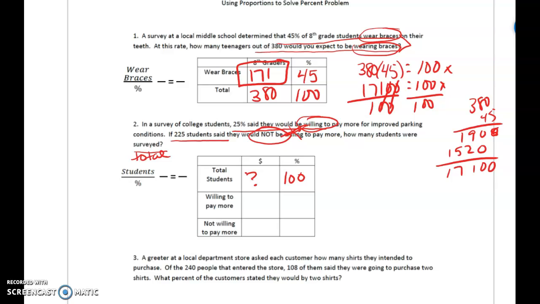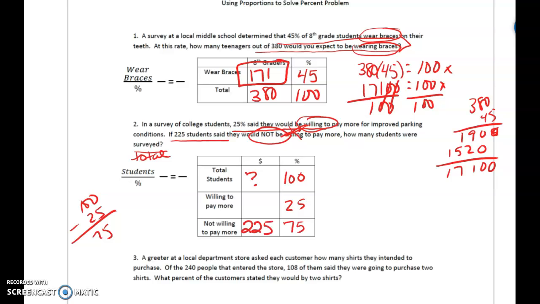So we said willing to pay is 25%. So that means not willing to pay is 75%. So this is like that one we looked at earlier, where you have to do 100% minus 25%, which hopefully you can do in your head. 225 are not, so that number is going to go here.